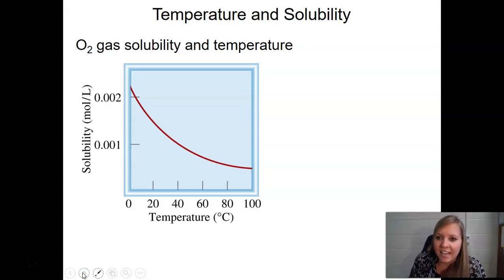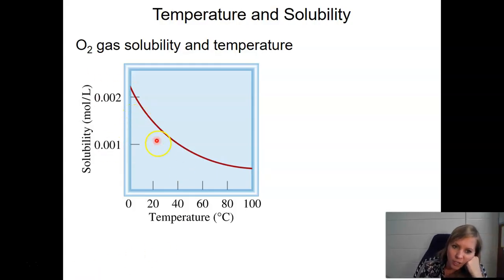So let's look at this line. This is showing oxygen gas, solubility and temperature. When we look at solubility curves, no matter which direction the curve is going or how great the slope is, please understand any points on the line itself are considered saturated.